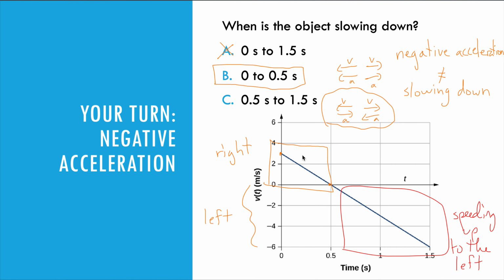So in this graph right here, you are slowing down. Are you going left or right? We have a positive velocity, which means we are going to the right. Slowing down to the right.